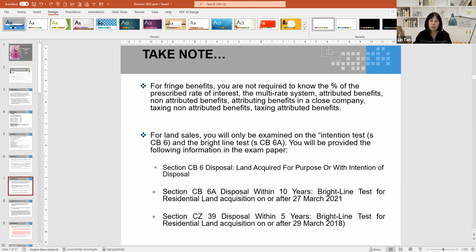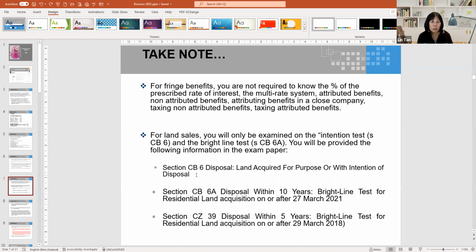Now, if there is a question on section CB6, right, in the reference document, you'll be told what section CB6 is all about. So just in case you forget, you'll be shown in the reference document that section CB6 disposal refers to land acquired for the purpose or with intention of disposal. So if you have a question that asks you, is the land sale subject to tax under section CB6?